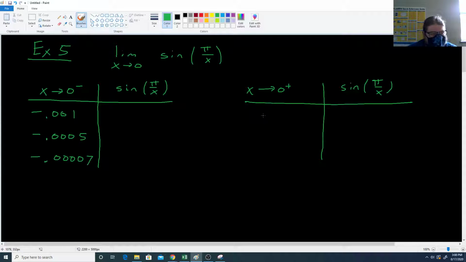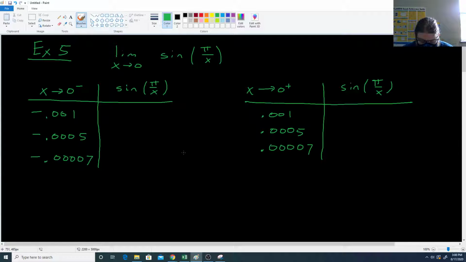So we approach from the right, maybe 0.001, 0.0005, 0.00007. And make sure your calculator's in radian mode for this, and your calculator's not in degree mode.